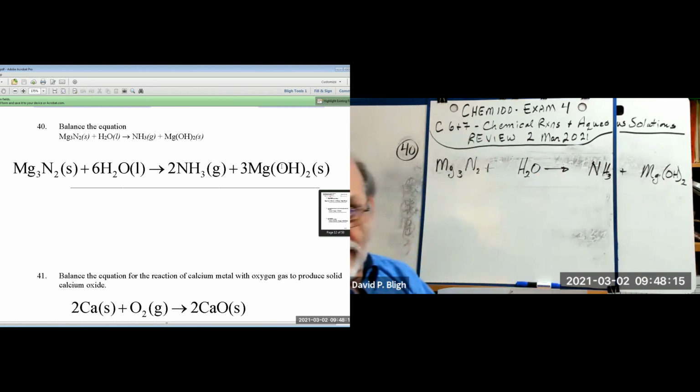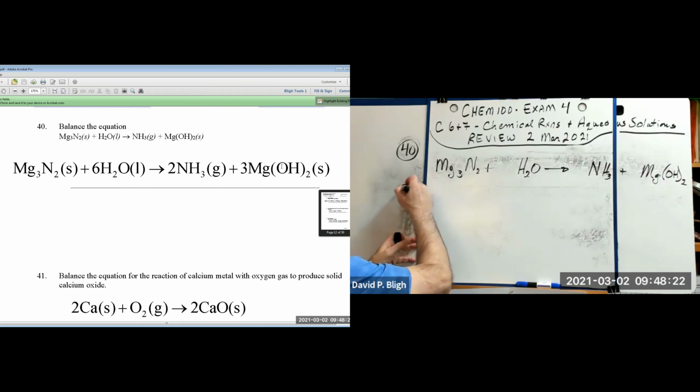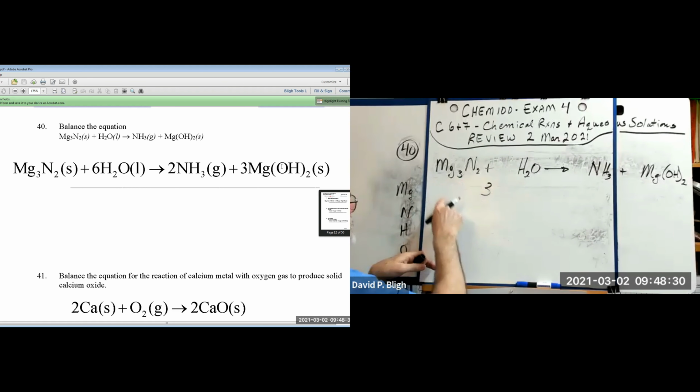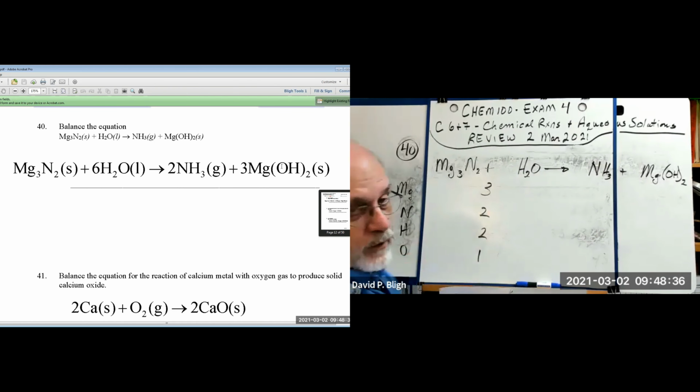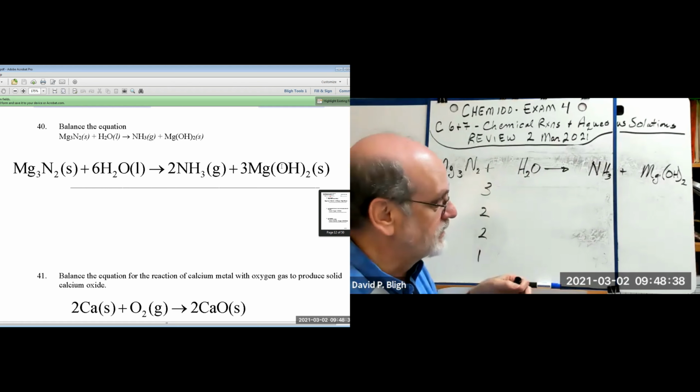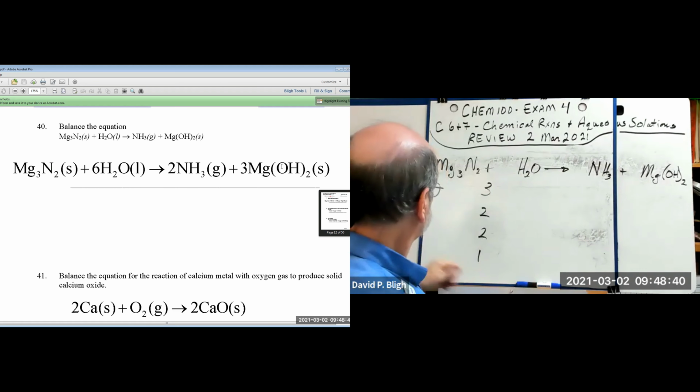So we don't have any transfer of electrons. So we just go with what we've got. Magnesium, nitrogen, hydrogen, and oxygen. We have 3 magnesiums here to start with, 2 nitrogens, 2 hydrogens, 1 oxygen. We don't have any free elements, so we can't hold anything in reserve.